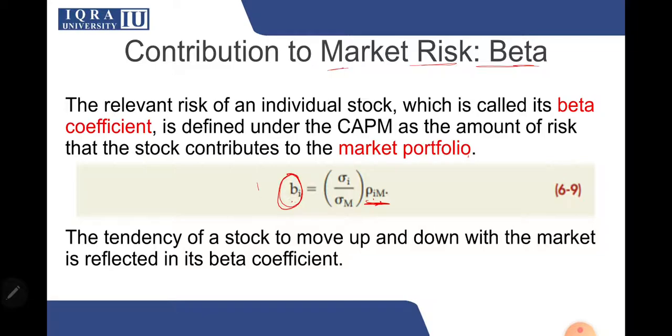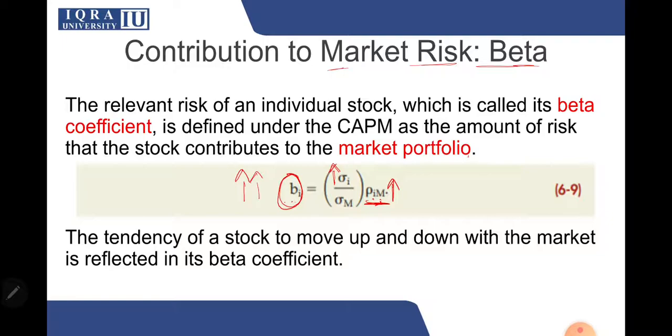The beta will be high if the standard deviation of the stock is high, which means it will have high risk. Similarly, if the correlation between the stock and the market is high, the beta will be high, which means that stock will have high risk in your portfolio.